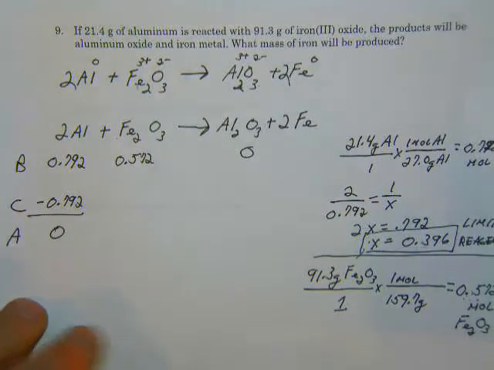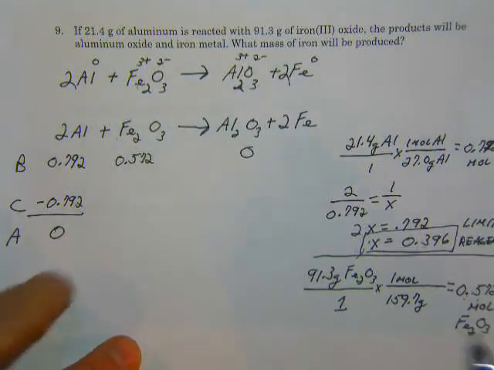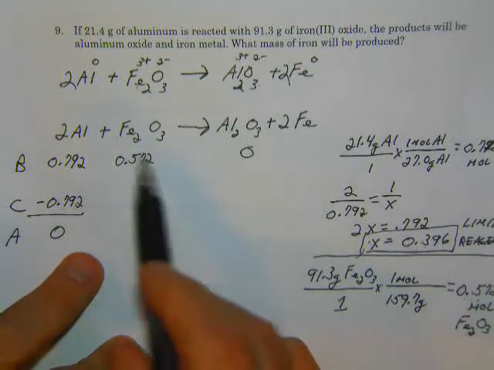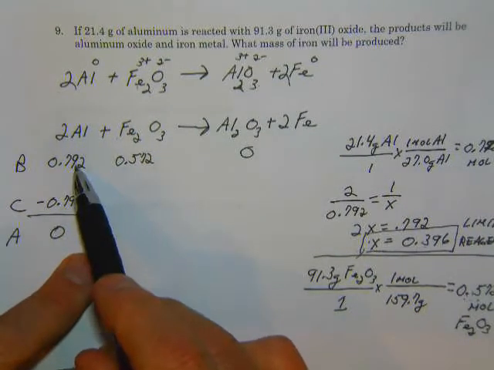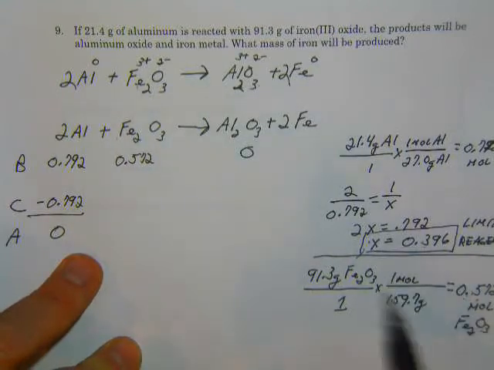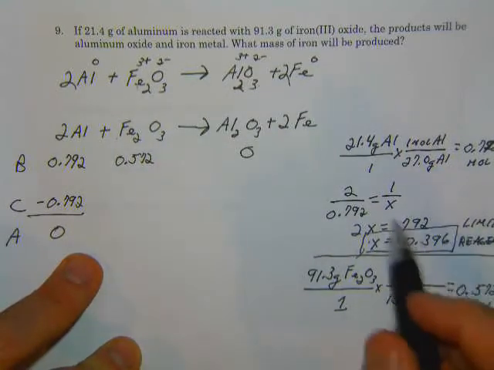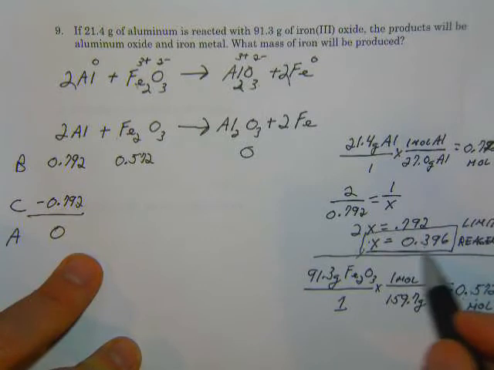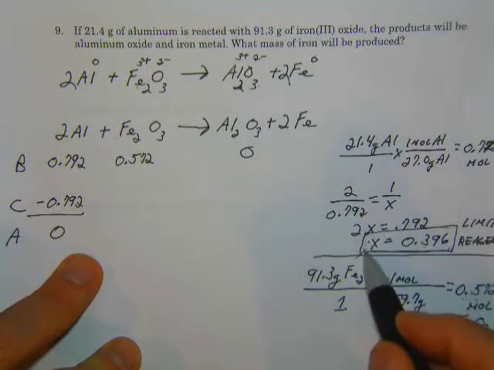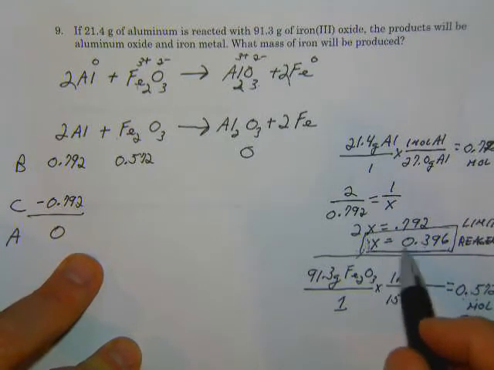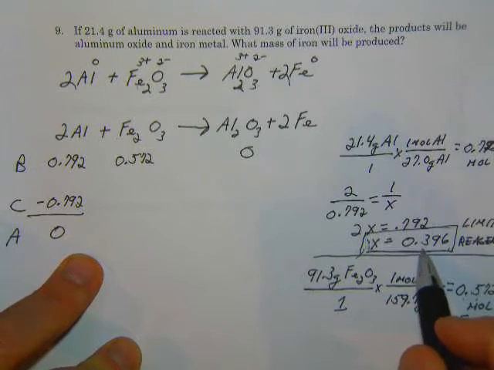Now for the iron oxide, this is what we're given, that this is the limiting, this is going to be an excess. So what we're really going to use, we need to go back to the limiting reagent molar ratio, which is 1 is 0.396.